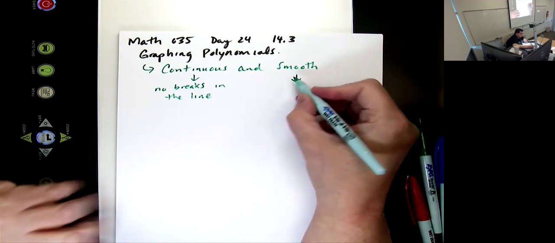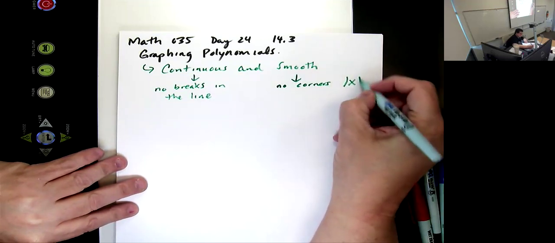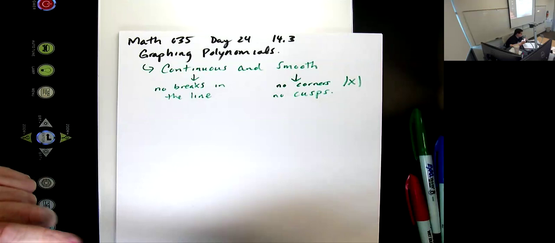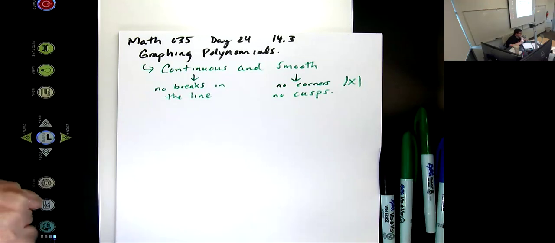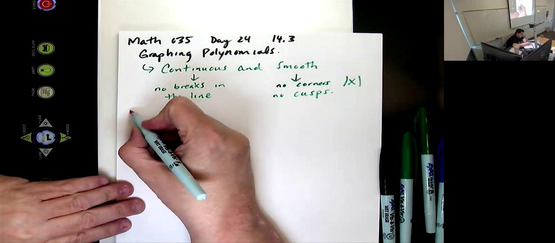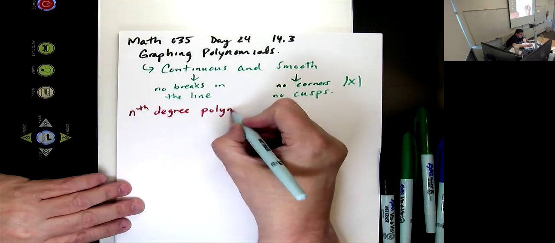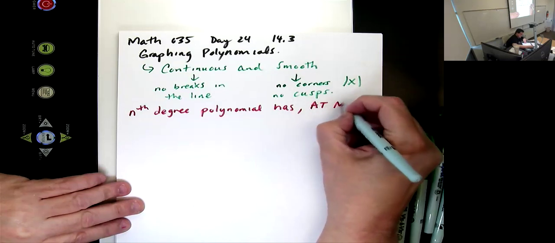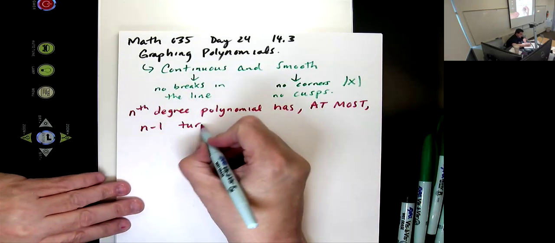Smooth means no corners. Like absolute value has a corner, no cusps kind of thing. And it's good to know that an nth degree polynomial has at most, this is very, very important, at most, n-1 turning points.